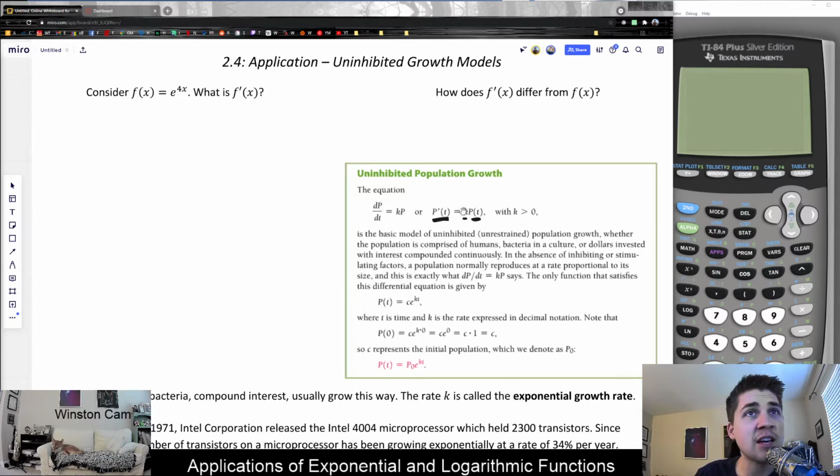And k is just a constant multiplier, which could be 2, 4, 0.3. Usually it's a rate percentage, like 0.05 or something, which describes the rate of growth of the population. Basically the speed of growth will increase as the population increases, which is very common for how things grow in nature, like bacteria, money, human growth, etc.